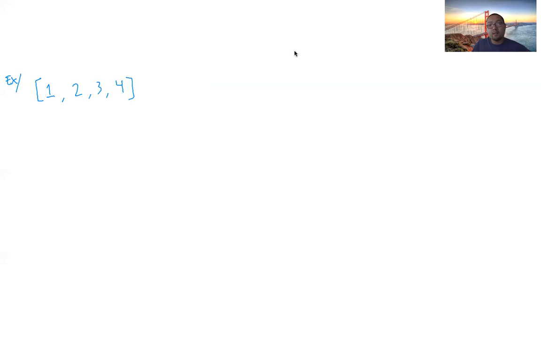From this collection of numbers, your job is to, one, find a pattern that will take you from the previous number to the next, to the next, to the next, okay?